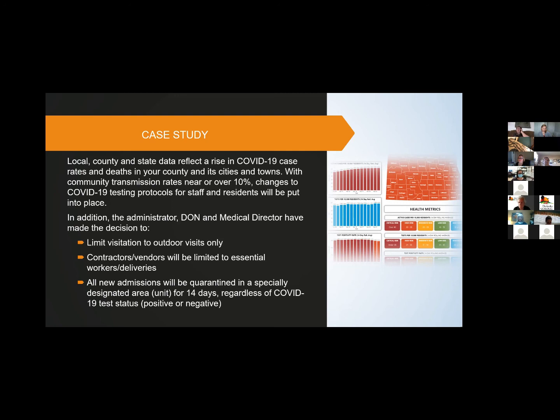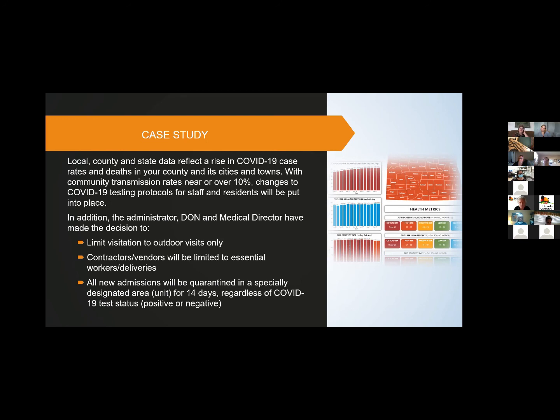If you don't recall this table, I just shared the link to the CMS document in chat. If you don't know your county's positivity rate, it can be found by visiting your state's Department of Health website. In addition, the CDC also publishes positivity rates based on the data that you submit to NHSN. I also shared a link for that in chat.